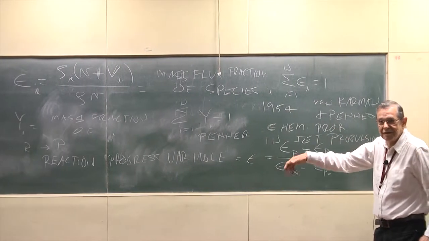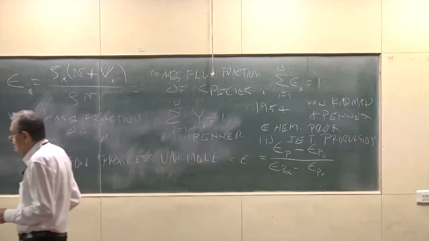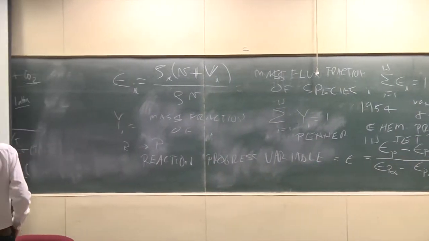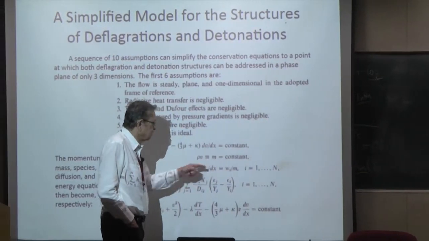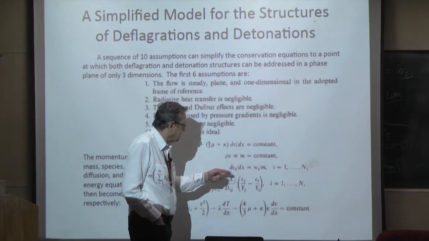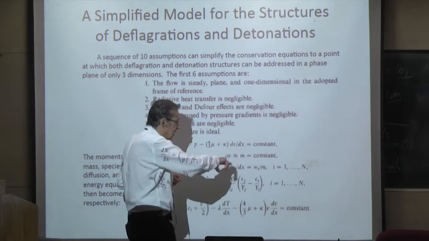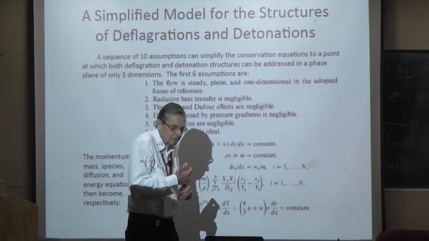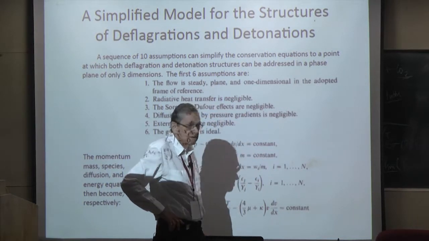0 initially, 1 finally, and pretty clear from this equation, it's a measure of the extent of the reaction in going from reactants to products. So it's a non-dimensional normalized reaction progress variable.